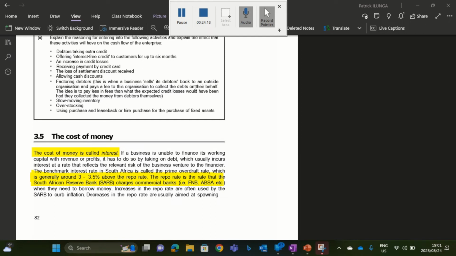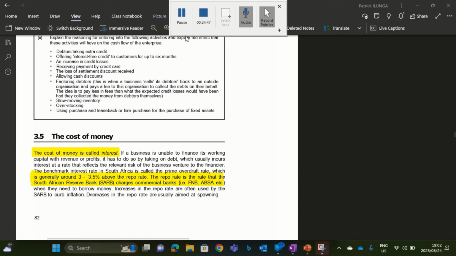In the context of South Africa, SARB, the South African Reserve Bank, is the bank that lends to all these other commercial banks, such as FNB, ABSA, Nedbank. They all borrow from the South African Reserve Bank at what we call the repo rate.